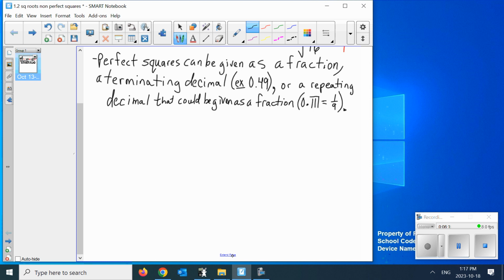But when I see something else, non-perfect. What do I mean by a non-perfect square? Example is pretty well any other number. So 48.